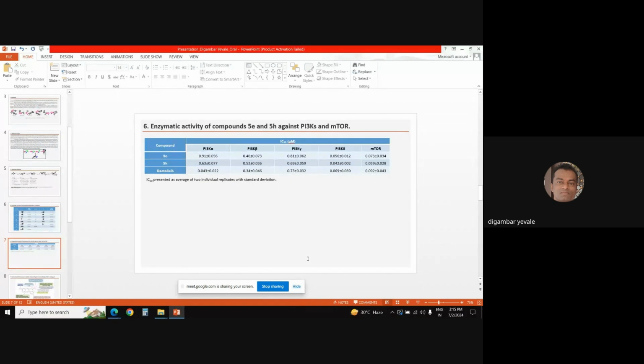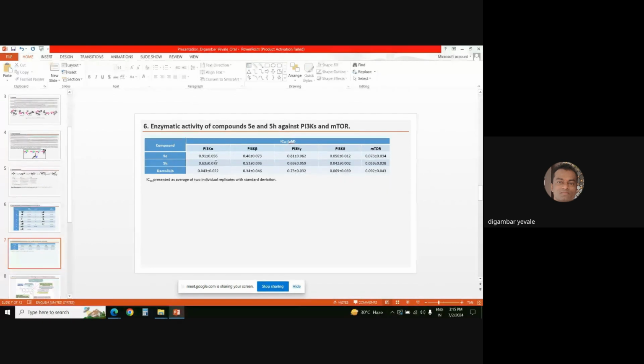Again, the enzymatic activity of these 2 compounds we have run against PI3K isoforms and mTOR, and here also we have used the same reference standard compound, dactolisib. We observe that both our compounds 5E and 5H showed good potency for PI3K delta as compared to the reference standard.